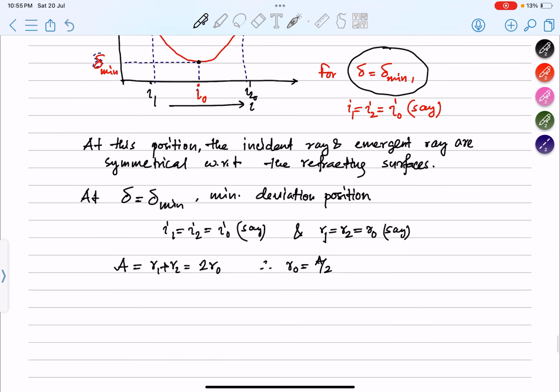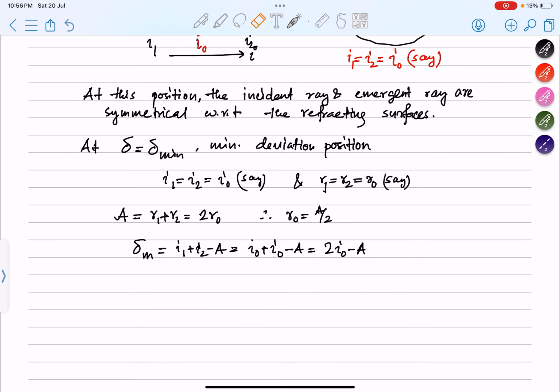Clear? So delta M, which is supposed to be I1 plus I2 minus A, that is I0 plus I0 minus A, that should be 2I0 minus A. Okay, so as you can see, 2I0 equals A plus delta M. So I0 equals (A plus delta M) divided by 2.